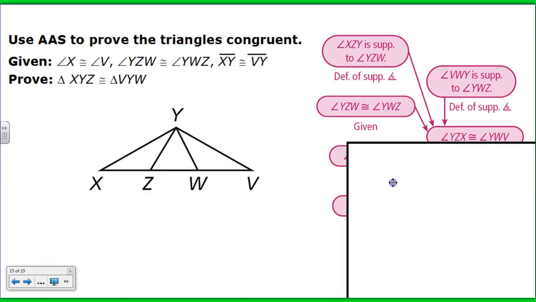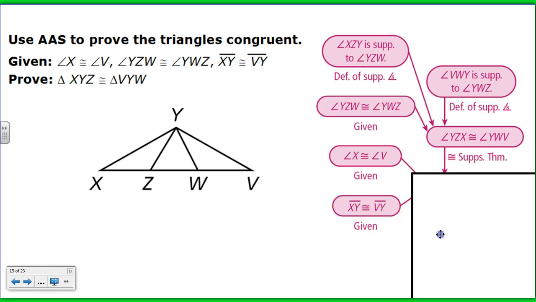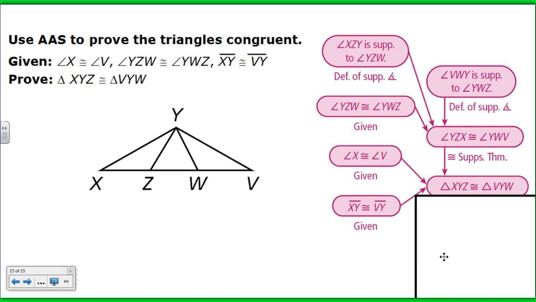Okay, and we also have two other given things. We have angle X is congruent to V, and segment XY is congruent to VY. Those are given.